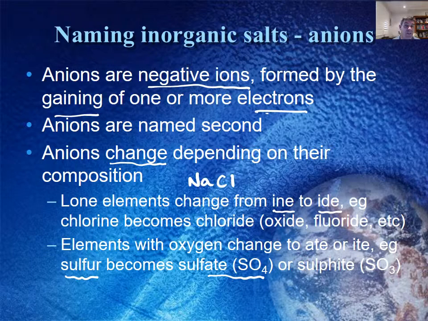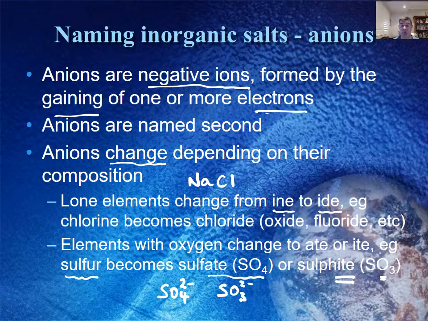Sulfate is one of the important polyatomic ions that we need to have a look at. The SO4 anion has a 2- charge. There's another combination of sulfur and oxygen, SO3. This also has a 2- charge, but as it has one less oxygen, we call it sulfite rather than sulfate.